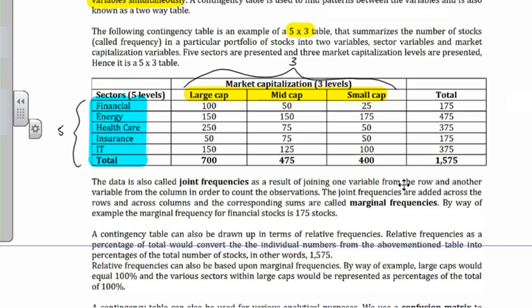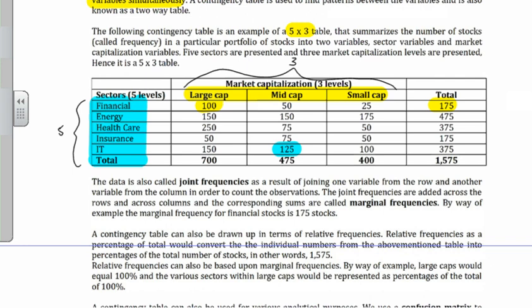And what did you tell me? There's 175 companies in the financial sector. How many of those are large caps? 100. How many mid caps are there? 125. Can you see how this contingency table works? And you can see everything so wonderfully.